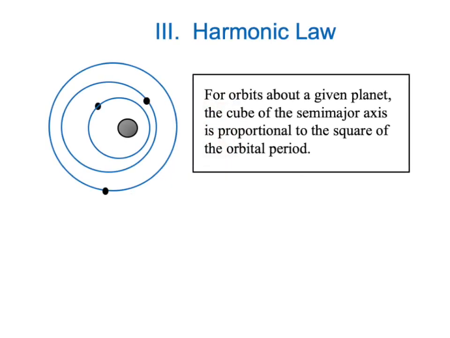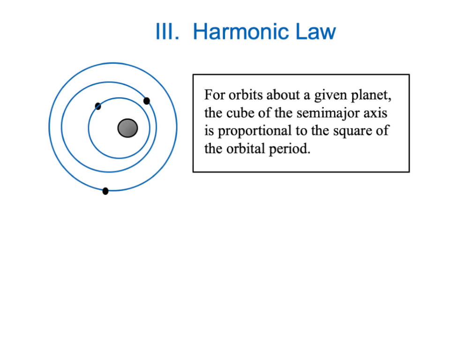So here's Kepler's third law, what he called the harmonic law. Let's suppose you have a planet with several satellites orbiting it in different orbits. Then, for these orbits, the cube of the semi-major axis of each orbit is proportional to the square of the orbital period. Now that's quite a mouthful.